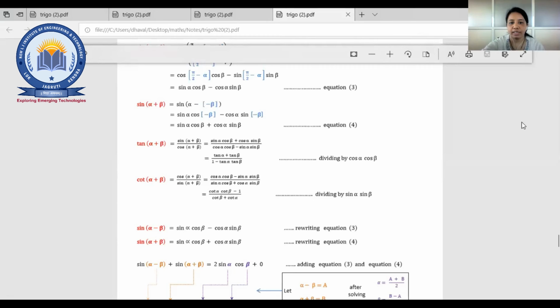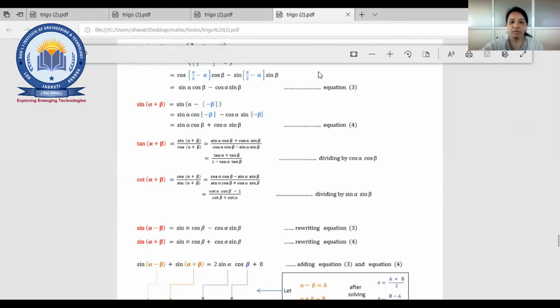You are not supposed to remember the derivation. If you know the equation directly, that is fine, because in Mathematics 1 we are going to use these equations directly sometimes. So no need to go for that.